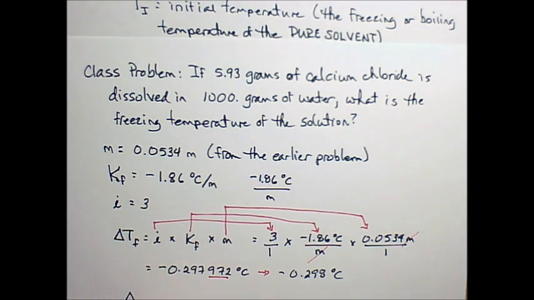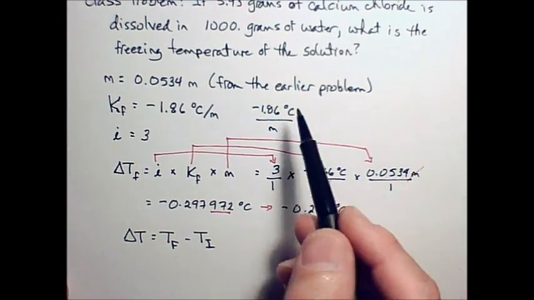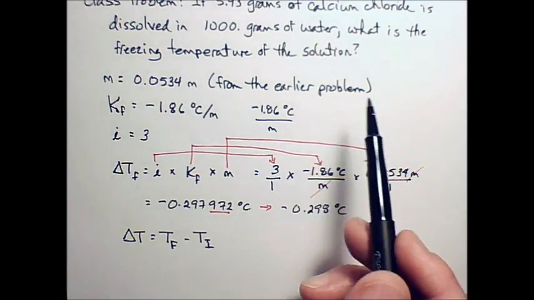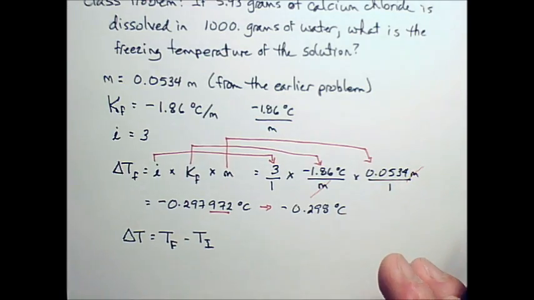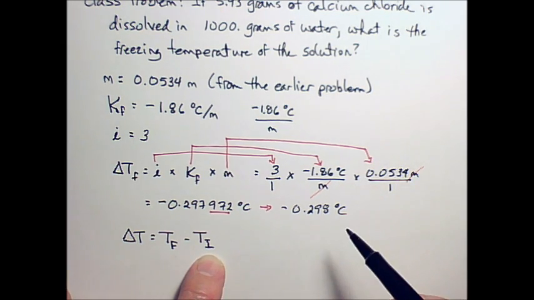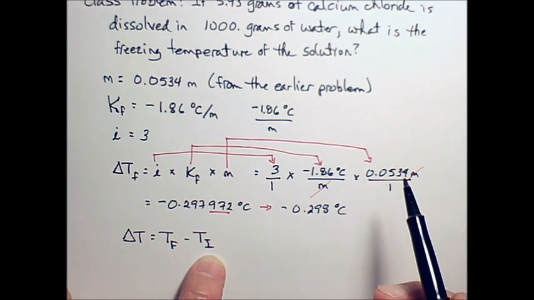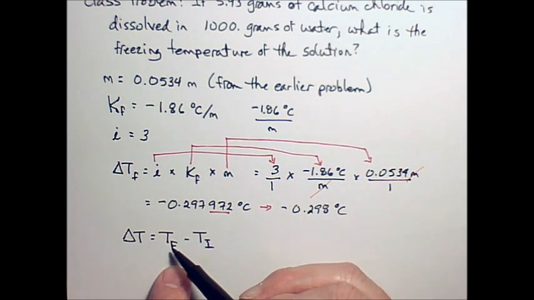And the other equation is the change in temperature is equal to the final temperature minus the initial temperature. Now what we set up in our definitions earlier was that the initial temperature is always the freezing or boiling temperature of the pure solvent. So what we want for TI is the freezing temperature for water. The lowercase f is freezing, this is final.